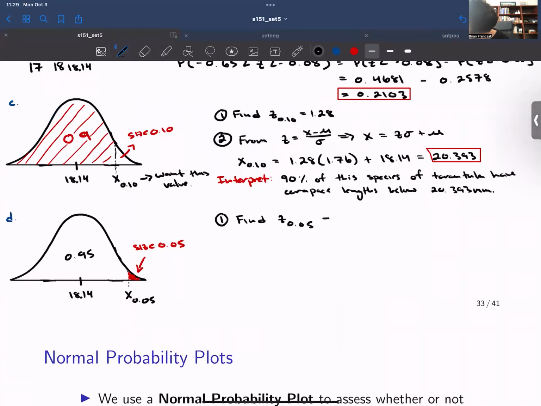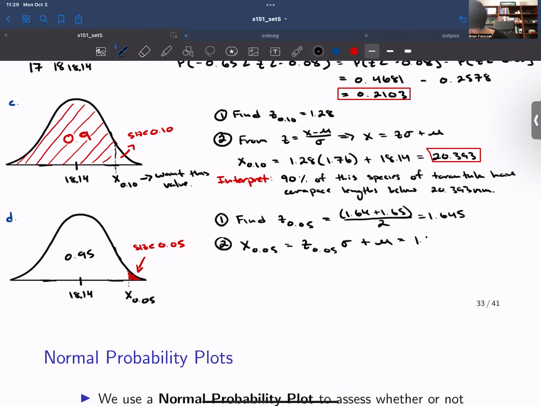Okay, so this value here is 1.64 plus 1.65 divided by 2 equals 1.645, right? So anytime you have the Z-score with 0.5 of the area to the right, it's going to be this 1.645. All right, and then we have x 0.05 is z 0.05 times sigma plus mu.